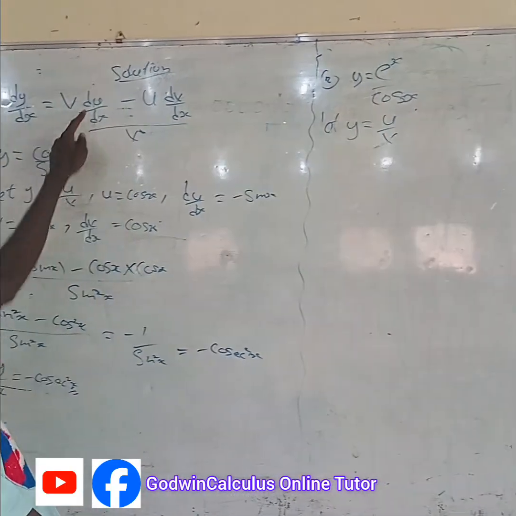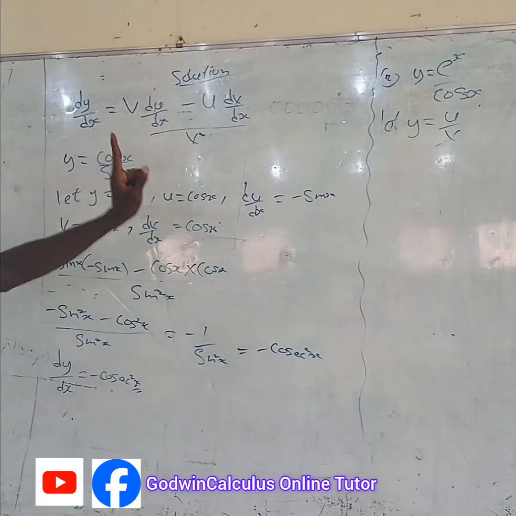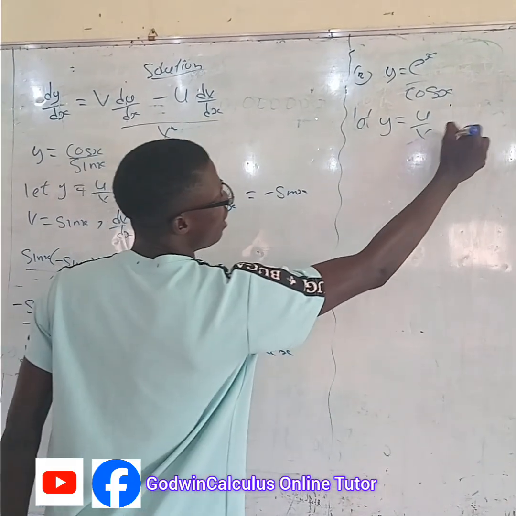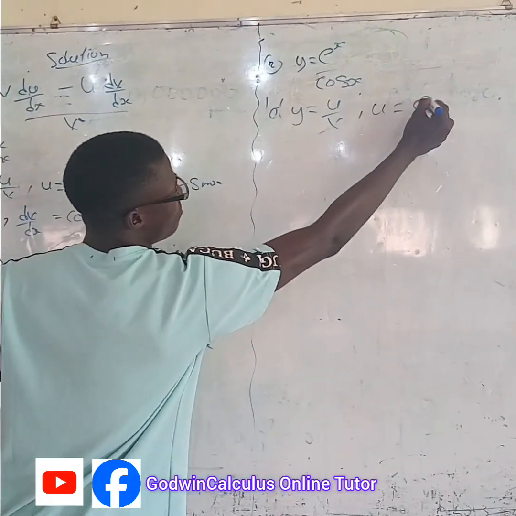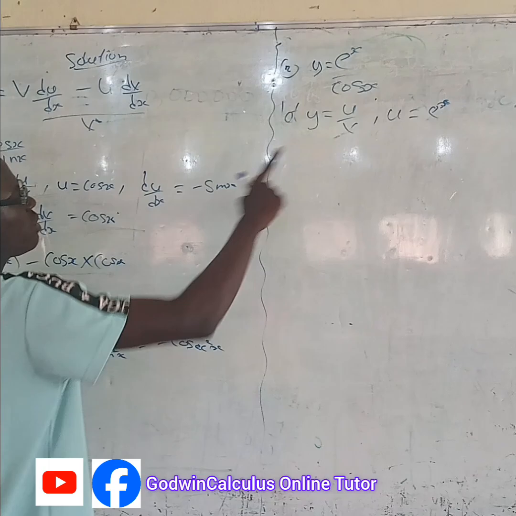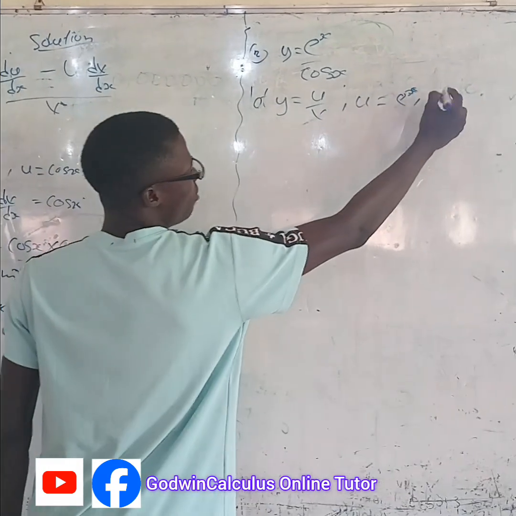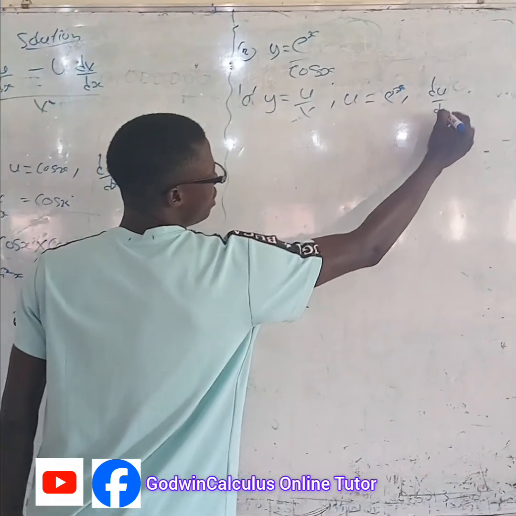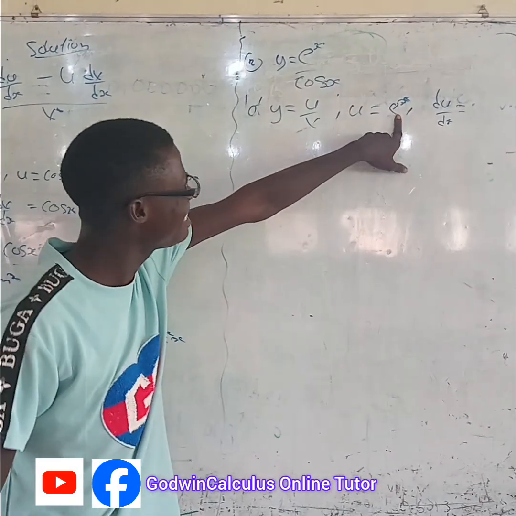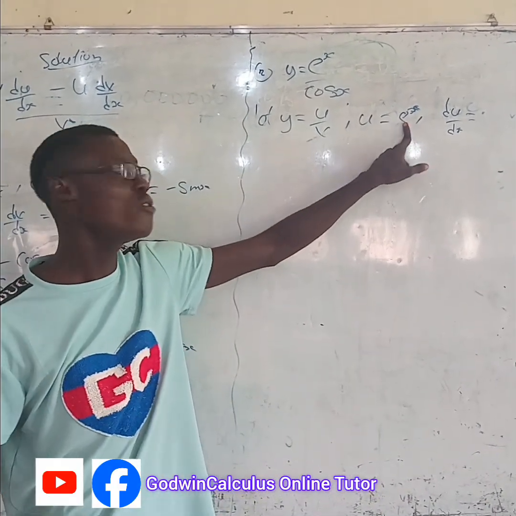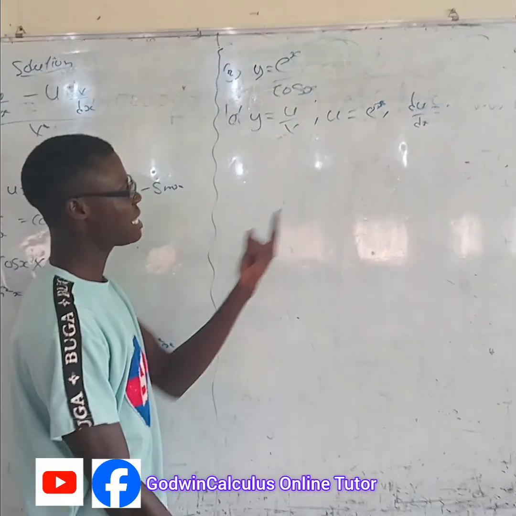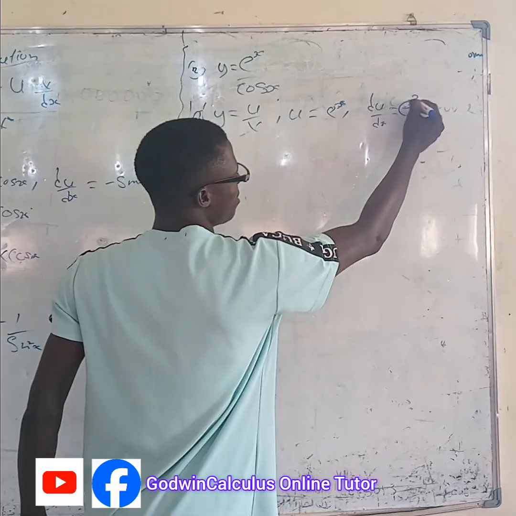Now, to find du/dx, I'm going to differentiate our u, which is e^x. If we differentiate e^x, it will remain unchanged. Even though you apply the chain rule to differentiate it, we still get e^x, which means our du/dx is e^x.